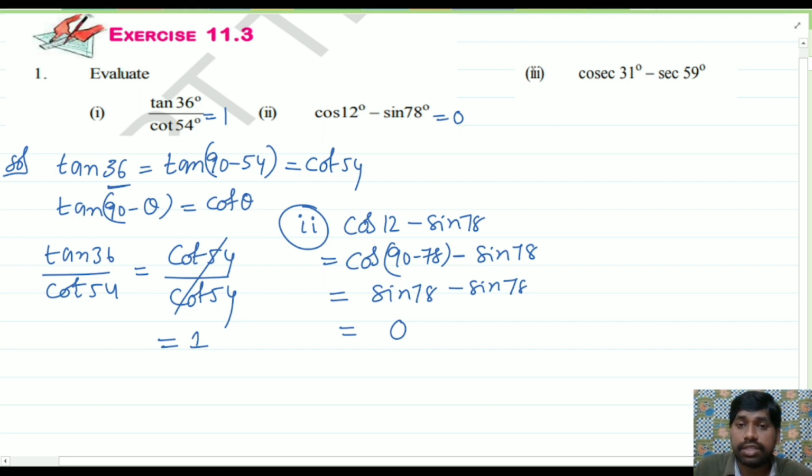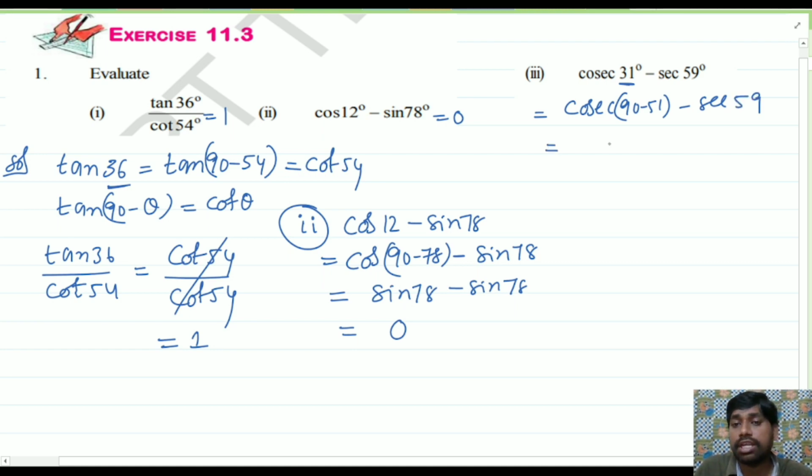Try to find the answer for the third one also. Cosecant 31 can be written as cosecant 90 minus 59, minus secant 59.